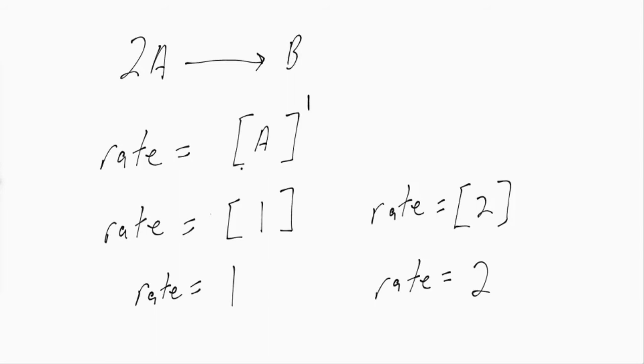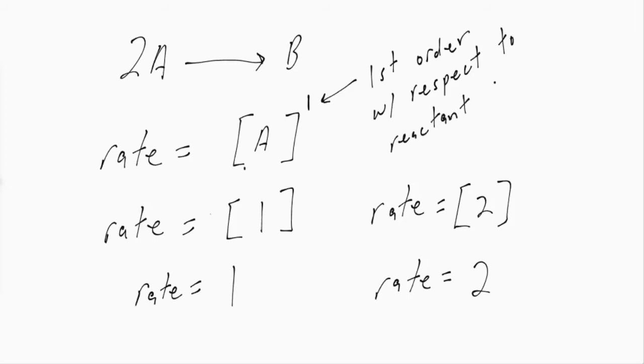By the way, these brackets mean the concentration of A. So this is called first order, we would say first order with respect to reactant A.